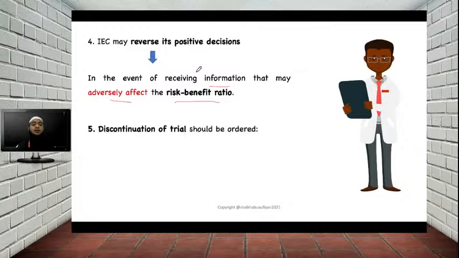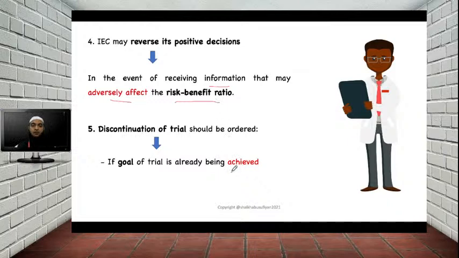The fifth one is discontinuation of the trial. So in some cases discontinuation of trial should also be ordered by the IIC. Now what are those cases where you can order the discontinuation of the trial? For example, if the goal of the trial is already achieved. Maybe you did some study, and after doing the study you feel that the goal of the trial is achieved.